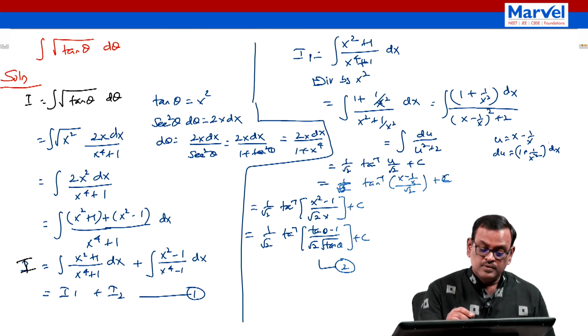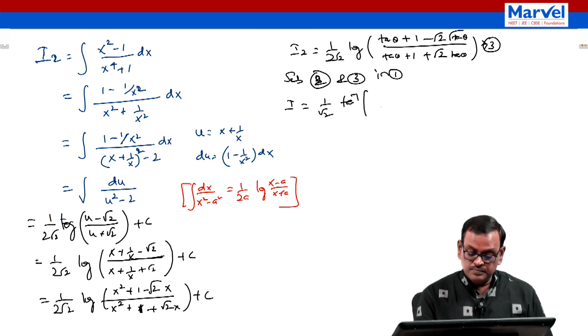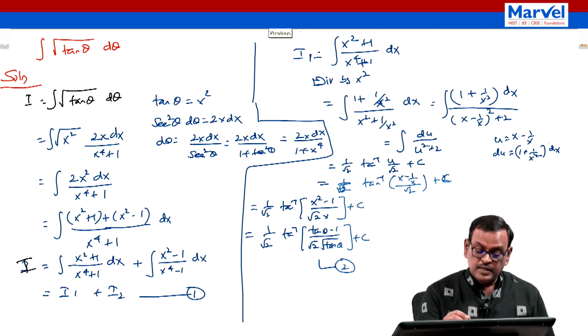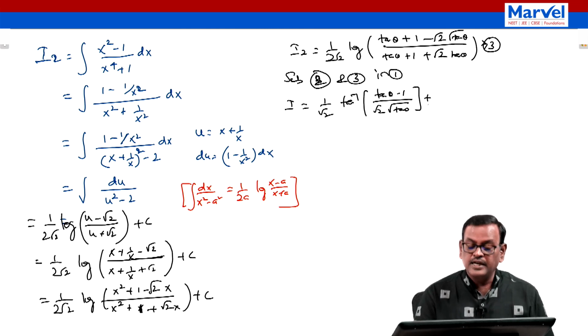So I1 equal to 1 by root 2 tan inverse of tan theta minus 1 by root 2 root tan theta, plus I2.